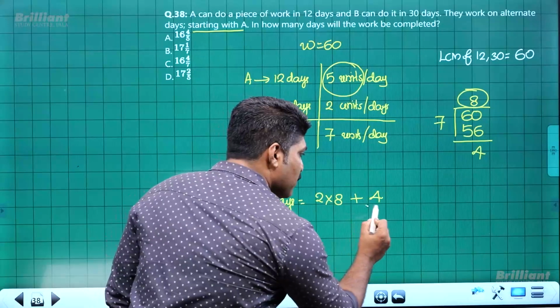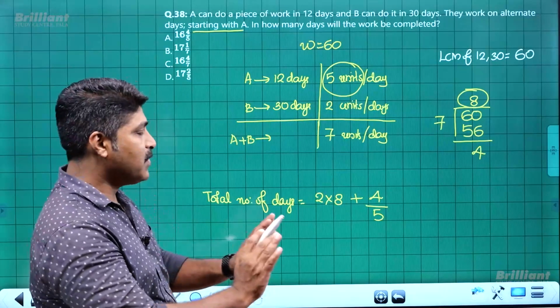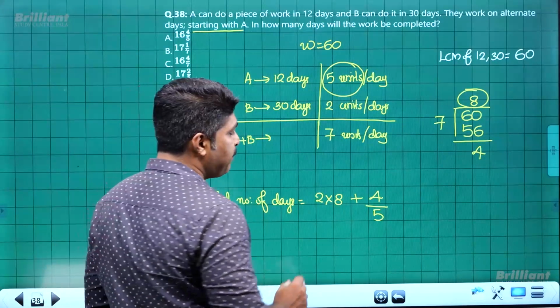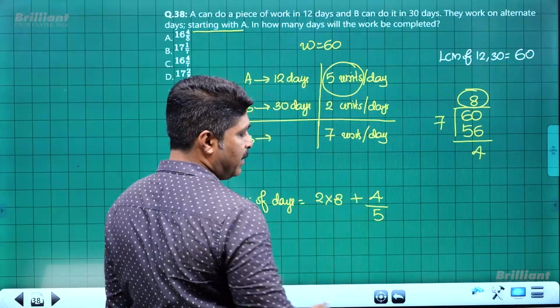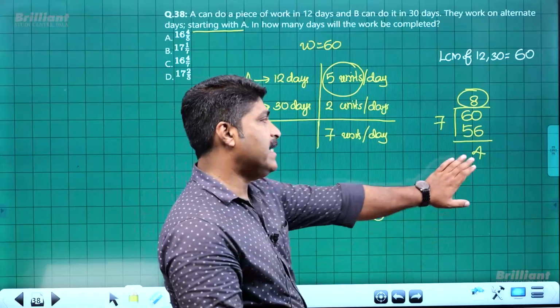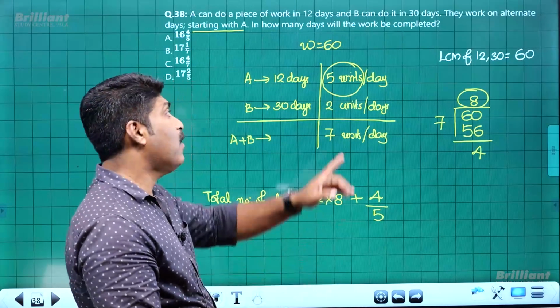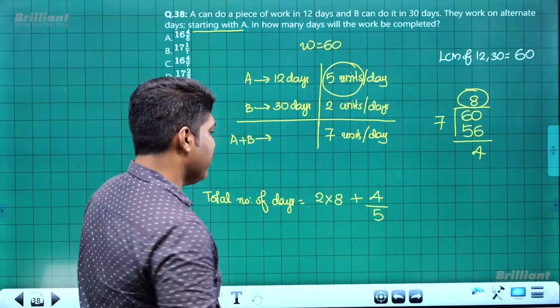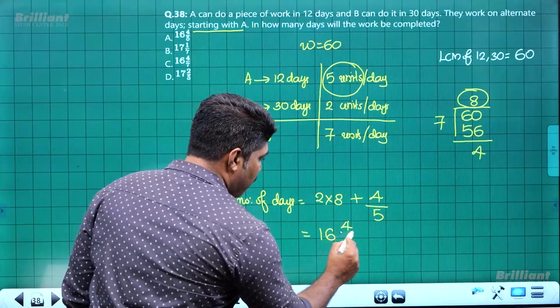So therefore, just divide 4 by 5. This is the step of operation. Understand this point? This is 2 into the quotient plus the remainder divided by the efficiency of the first person. Clear? So we can write it as 16 and 4 by 5.